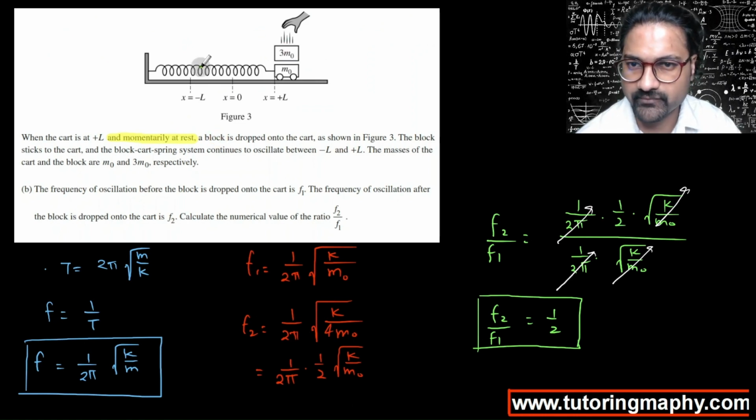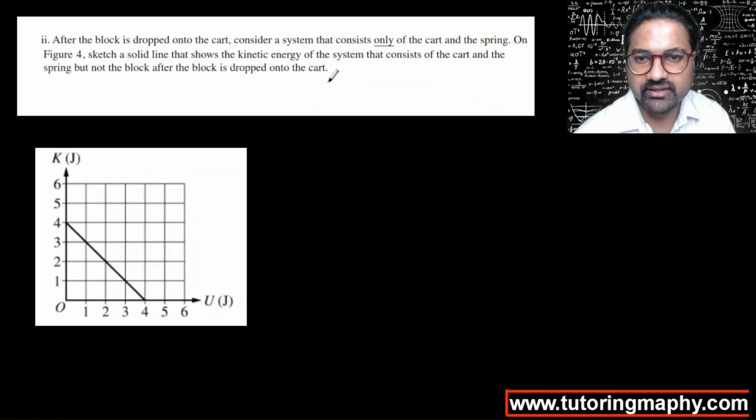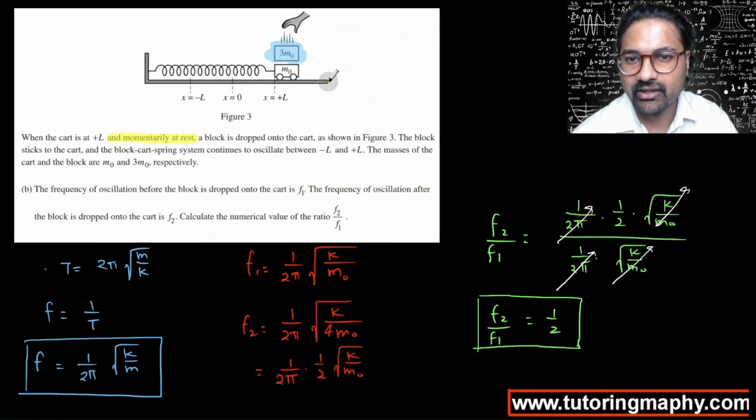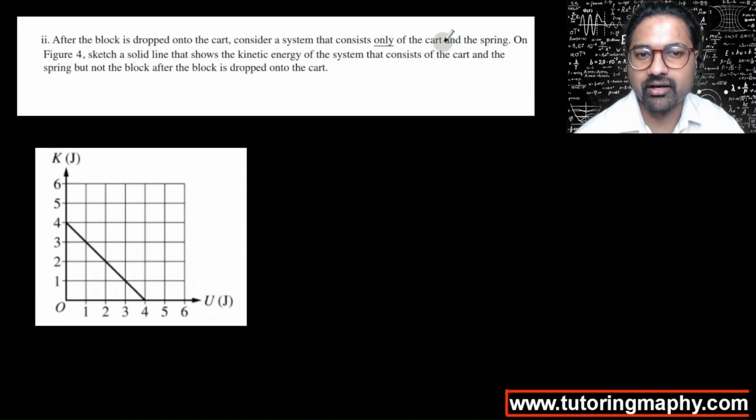This is the block, right? This guy is the block. Let me highlight that with a different color. So now they are asking us to ignore the block, to treat only m naught and the spring as a system. All right, we can do that. So only the cart and the spring is our system now.